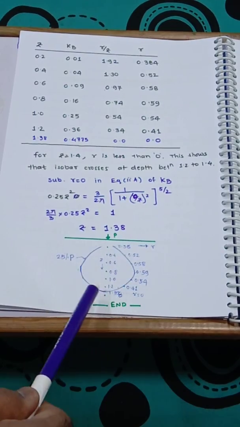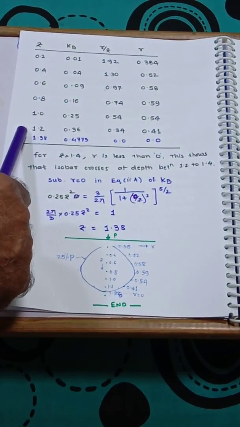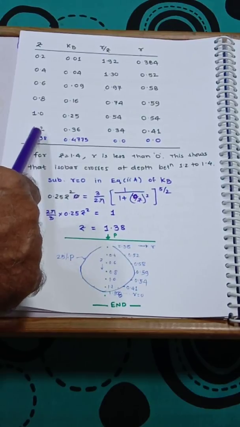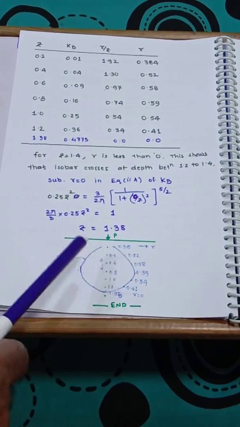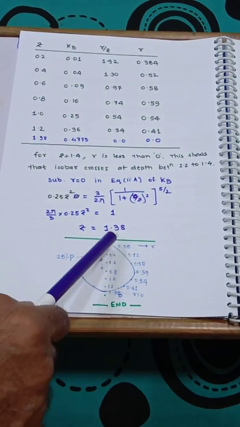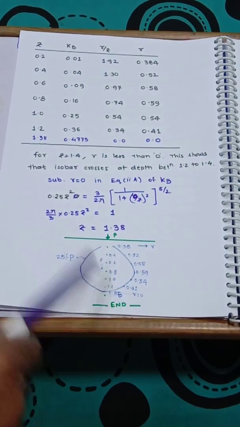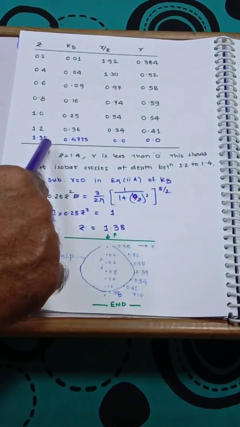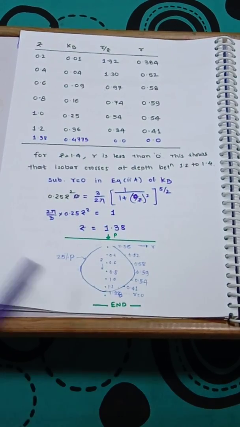If I try to plot a point for 1.4, after 1.4 you don't get these values of R. It means that the pressure bulb or isobar has already crossed 0. So how to find out this value? Here we got it at 1.38.